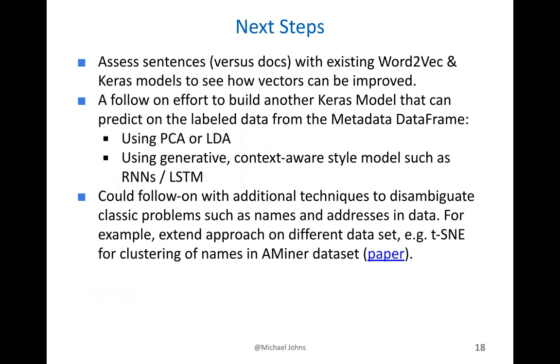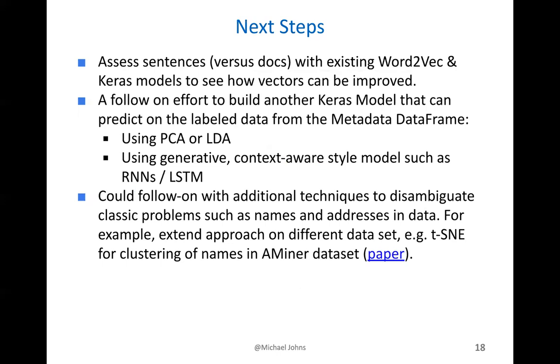So for next steps, we could assess sentences instead of the document level. It would be on the table to take the same concept, do it at the sentence level, and see if we get tighter vectors. We could also build another model that can predict using the labeled data, that PCA data.